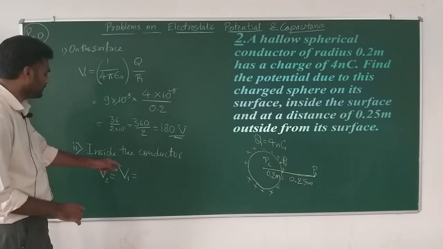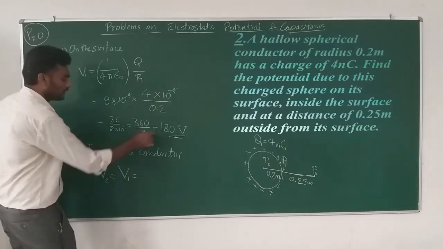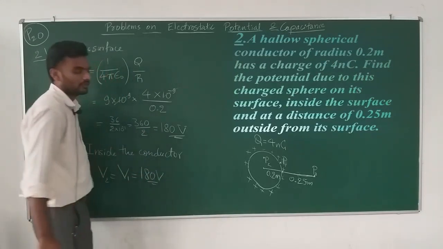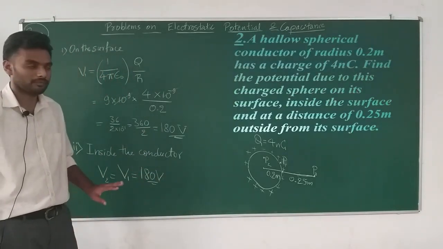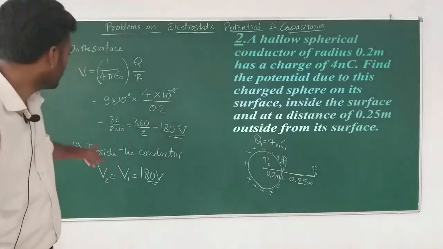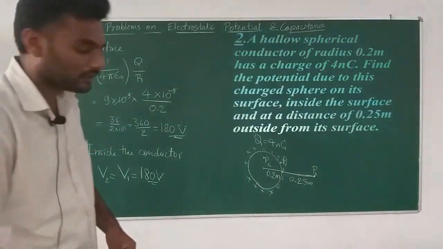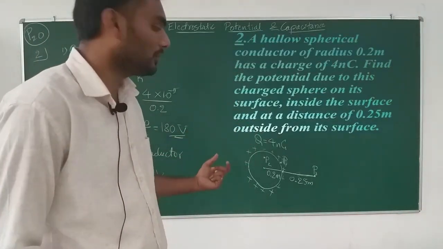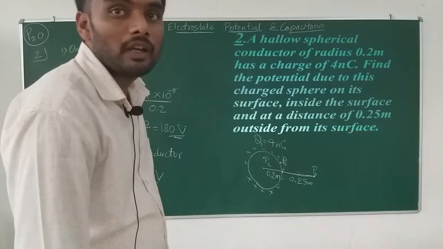V2 should be equal to V1, which is equal to 180 volt itself. Clear with this? Easy. So that gives you the idea of two cases. I'll take the third case now, which is out of the surface at a distance 0.25 meter from the surface.